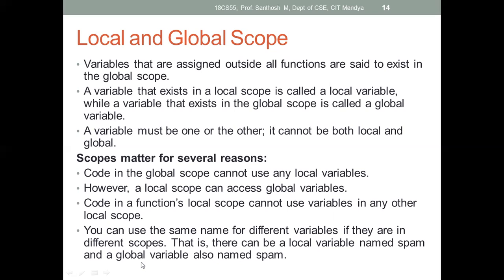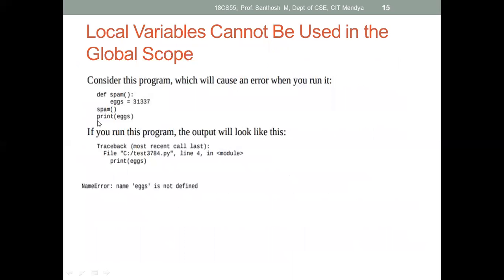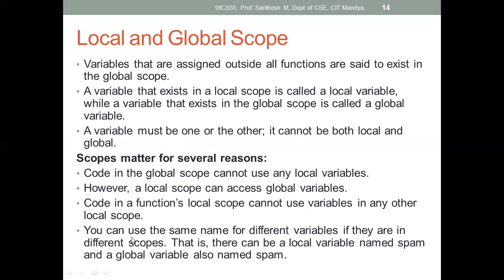Yes, you can give the same name for both local and global variables, but a globally declared variable is global, and a locally declared variable is local. For best practice, you should avoid giving the same name to both a local and a global variable.